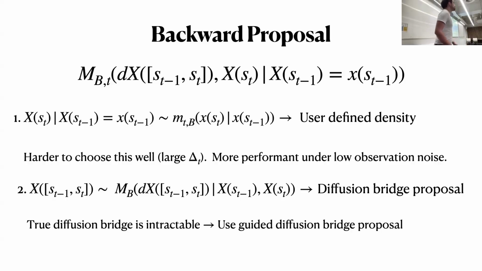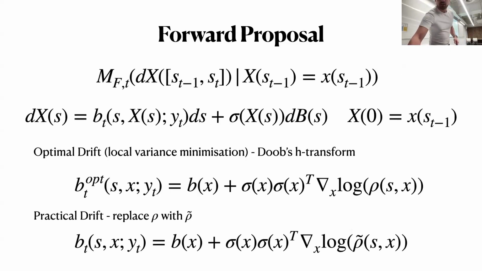The question was that rho said it was unavailable. Is it unavailable because you don't know what the parameters are, or is it unavailable for another reason? Not unavailable. I haven't properly defined the rho, but it's the integral of the transition density multiplied by the observation density.